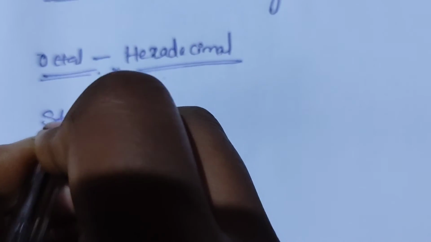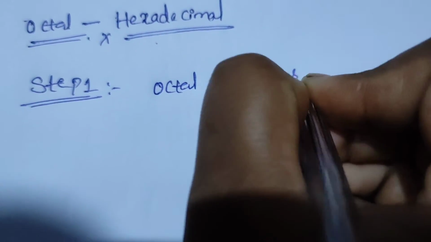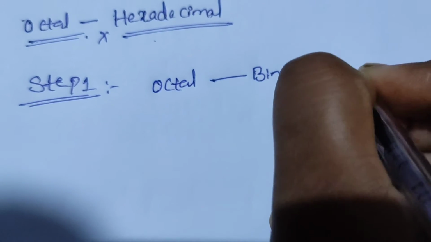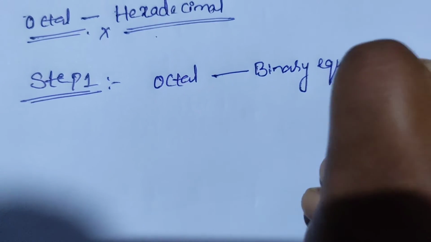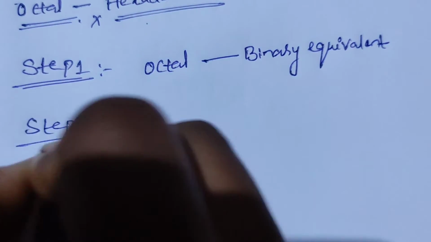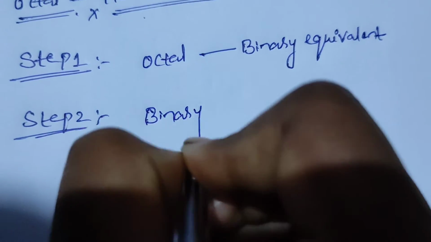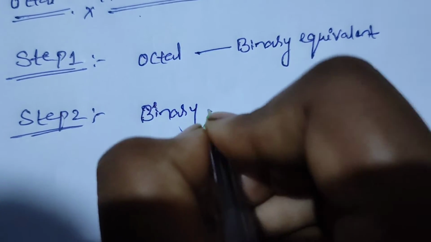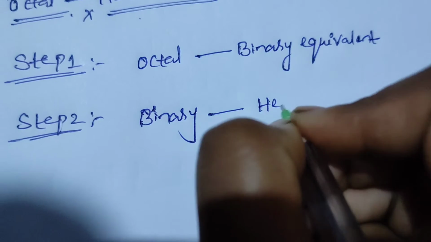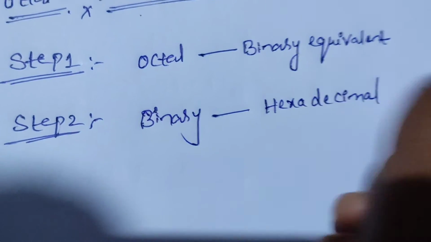Step 1, first converting octal to binary equivalent. And in step 2, this binary is converted to hexadecimal by grouping it into 4 bits to get a hexadecimal. So let us see it with an example.